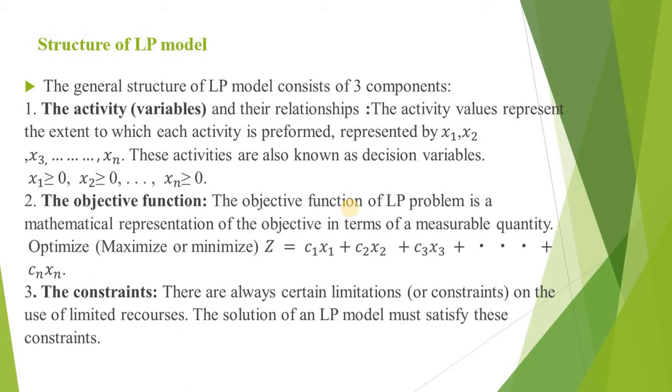The objective function is a linear function, which is to be either maximized or minimized, denoted by the linear sum of these decision variables. The constraints are always in the form of linear inequations, which are either greater than or equal to, or lesser than or equal to.